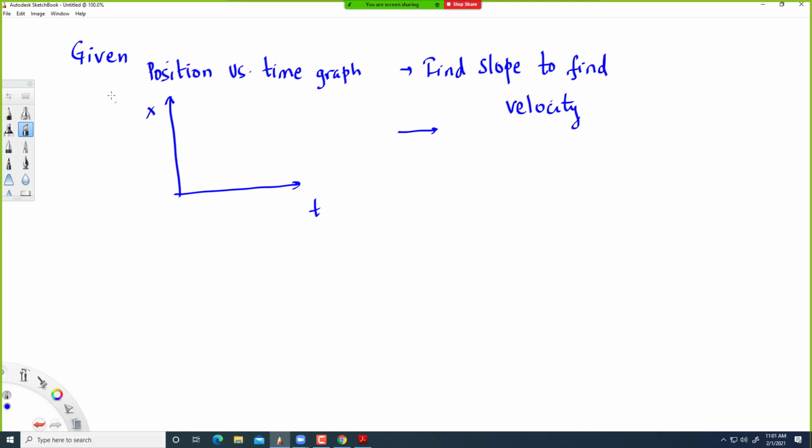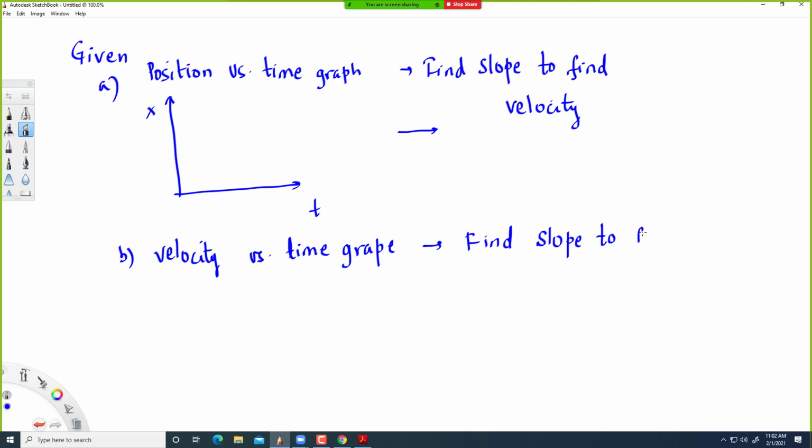Likewise, if you are given velocity versus time, then you find the slope to find the acceleration.